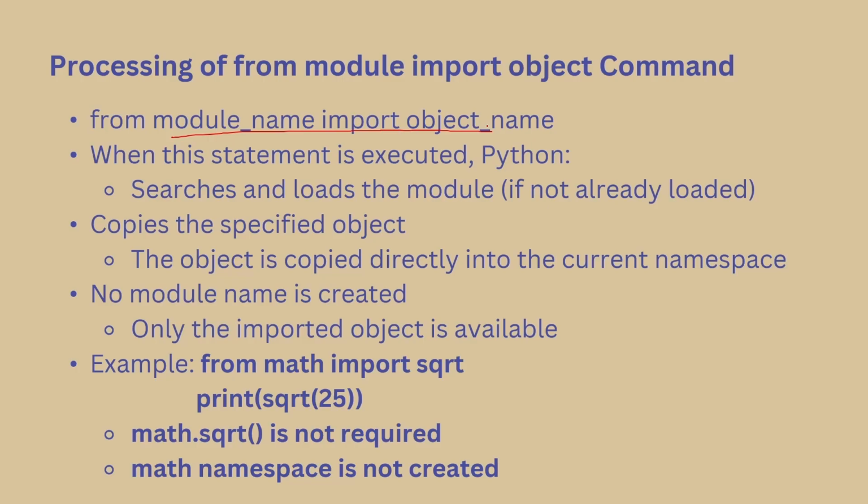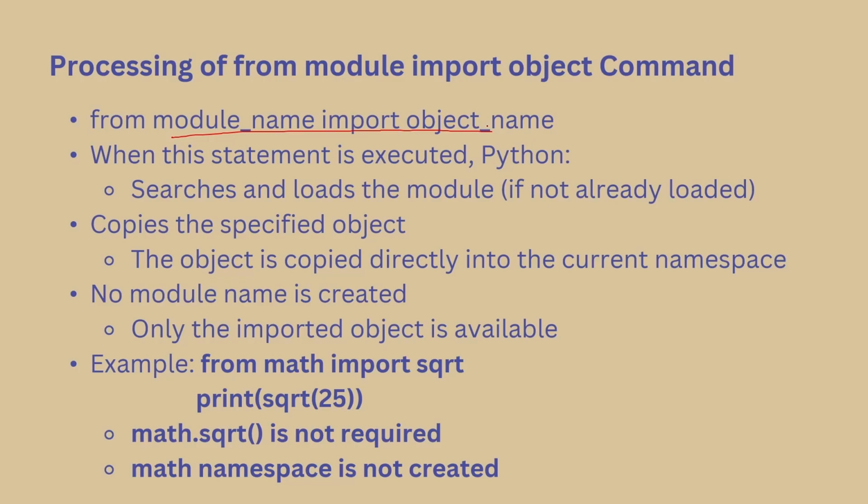The object is copied directly into the current namespace, right? The object we have specified to import will be copied. No module name is created, only the imported object is available in that particular namespace.